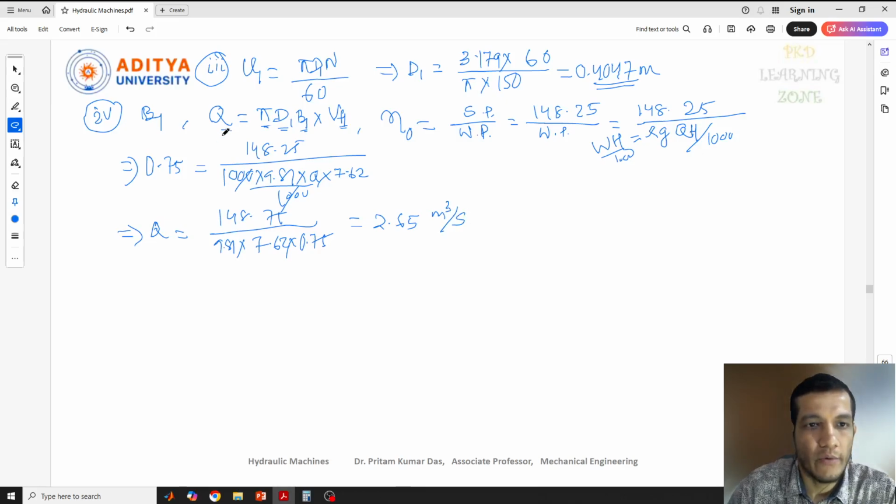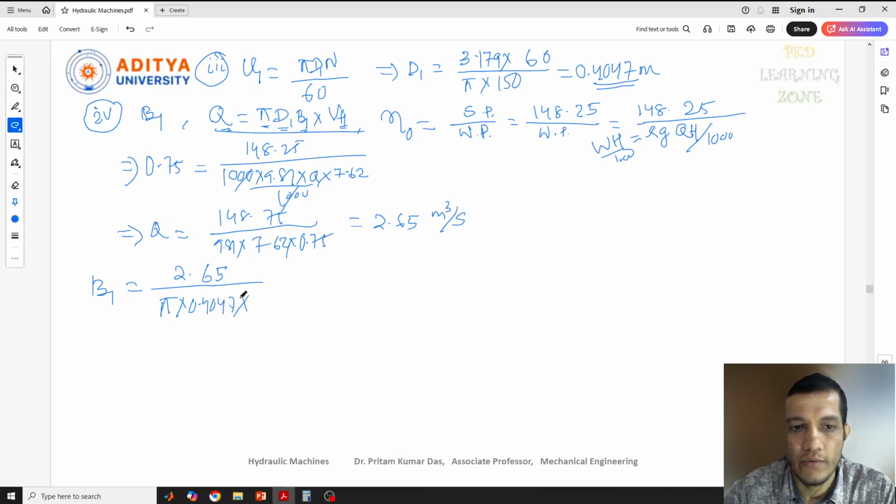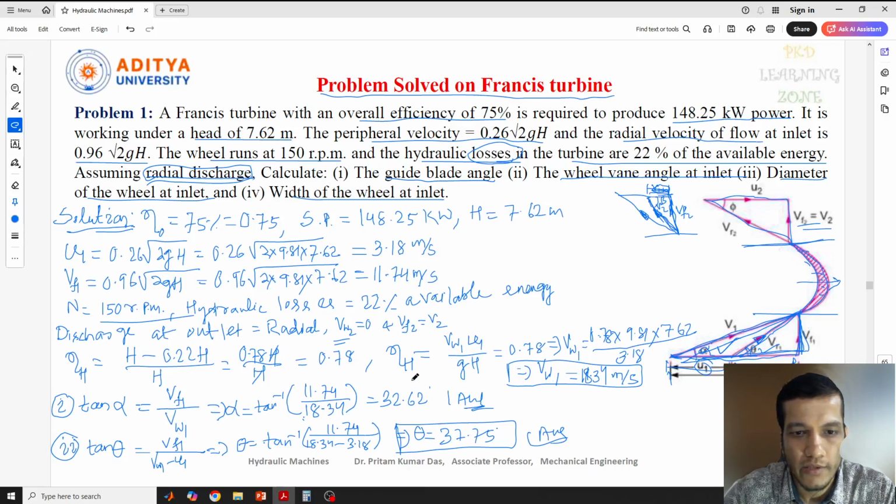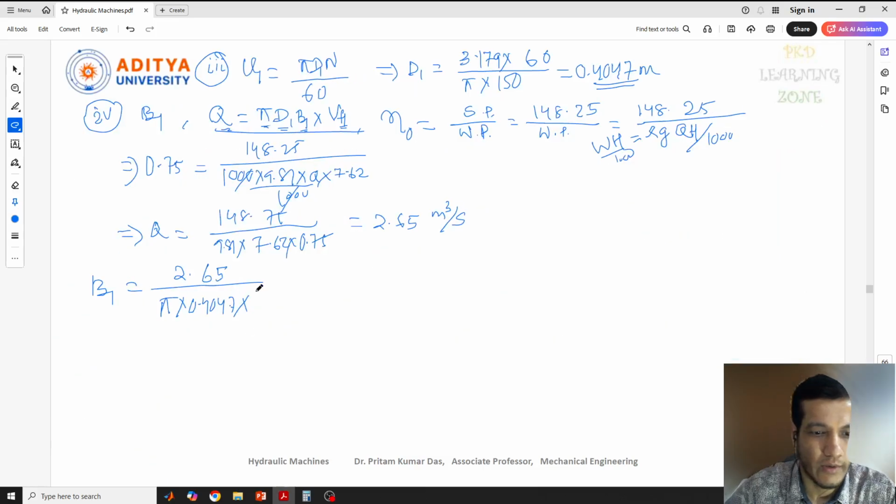Now just put this value in this equation so that we can find out the value of B1. Now we can write B1 equal to Q by the whole term, that is 2.65 divided by pi value into D equal to 0.4047 into VF1. VF1 we got in the last one. VF1 is how much? VF1 we got 11.74. So write this value 11.74.